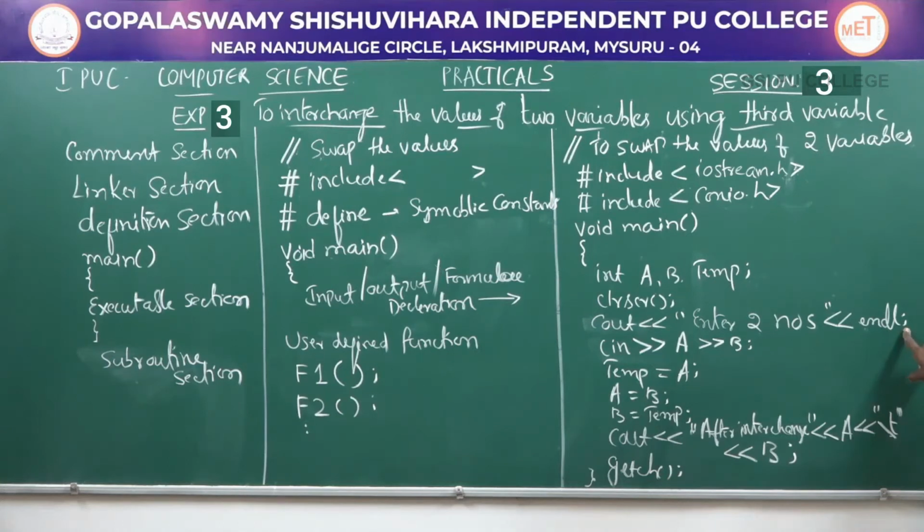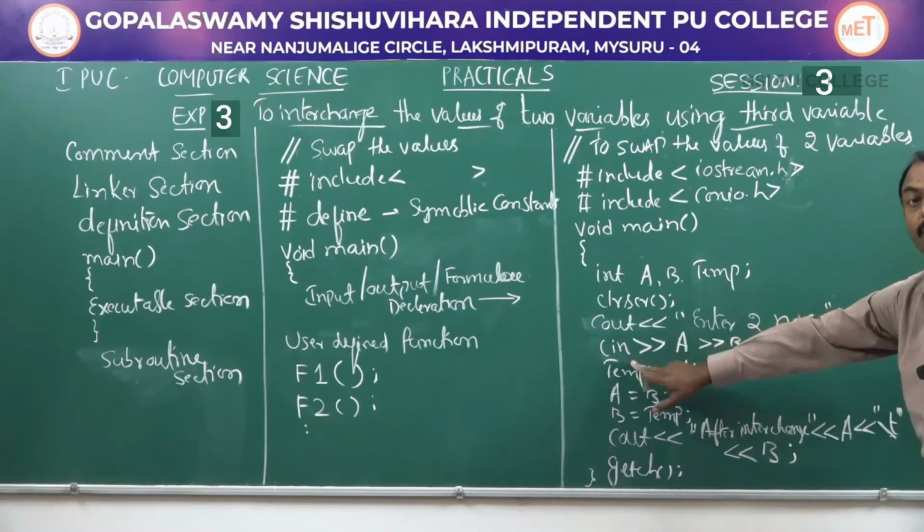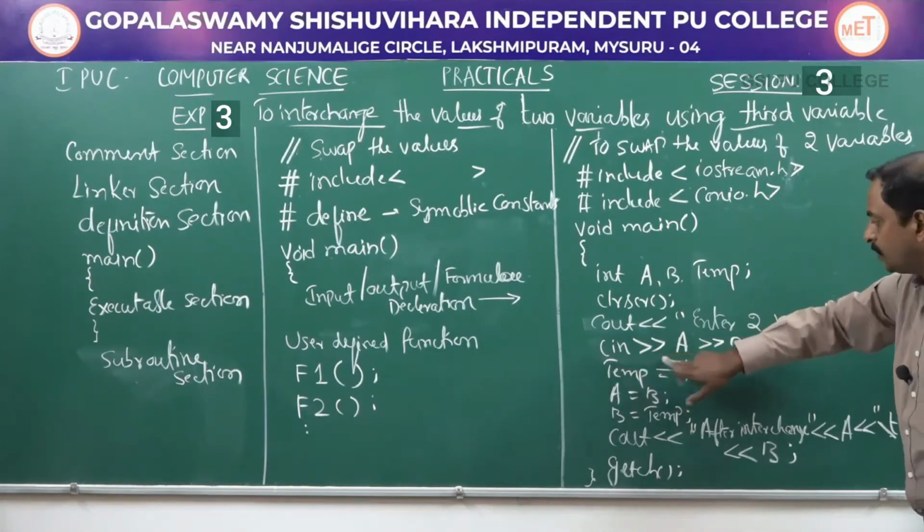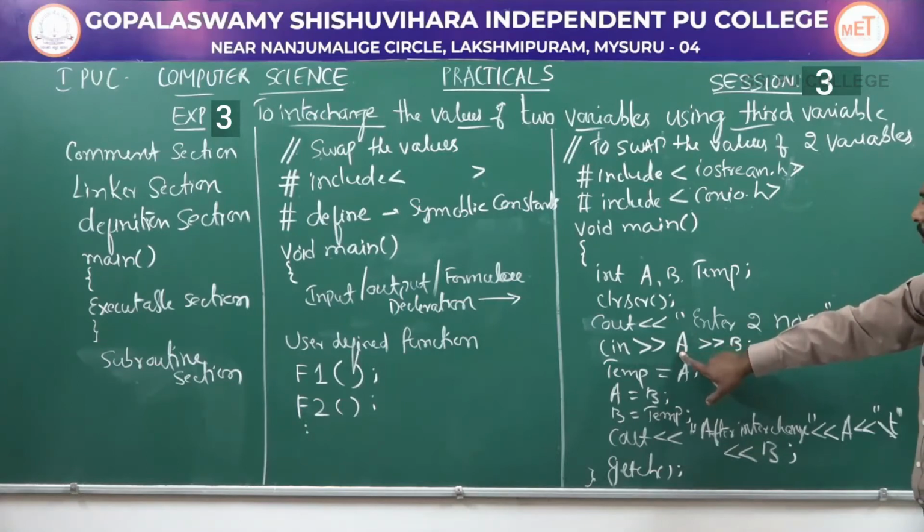It is called a manipulator, used in a program to modify our output. In this example, after enter 2 numbers, because of the endl manipulator, the control goes to the next line, where we are supposed to enter values. We have used the cin statement. This is an input statement to accept the values of the 2 variables a and b.